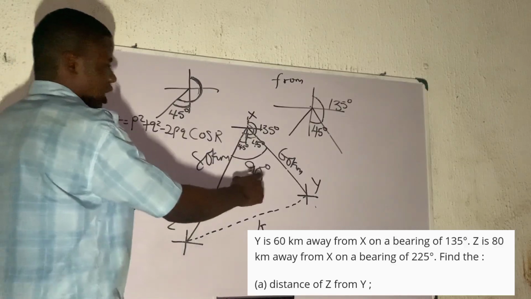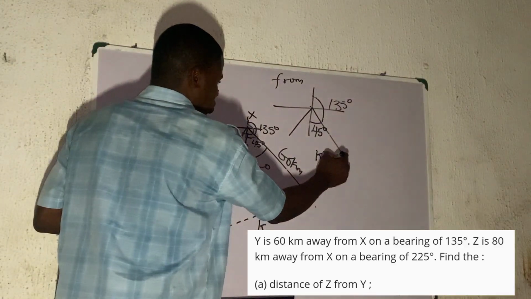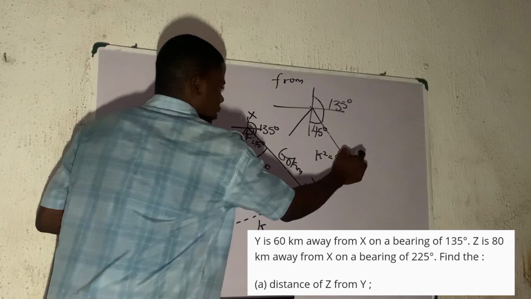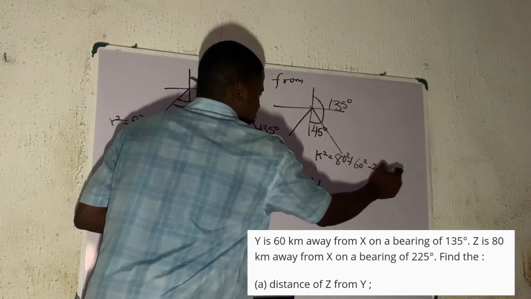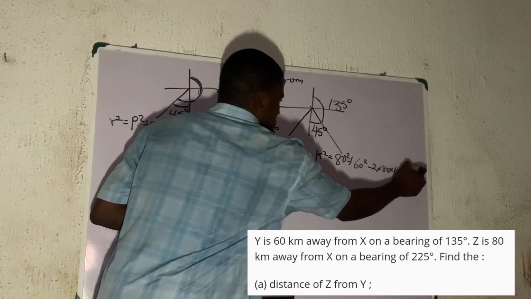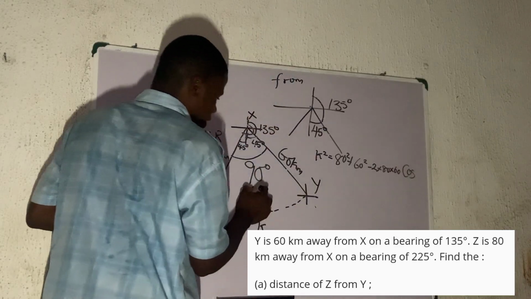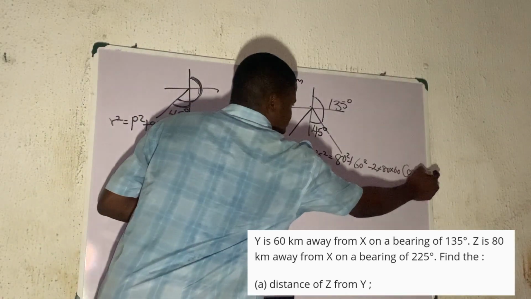So if I apply this in here, I'll be having k squared is equal to 80 squared plus 60 squared minus 2 times 80 times 60 cos the angle facing the k that I'm looking for, which is 90 degrees. So I have cos 90 degrees.